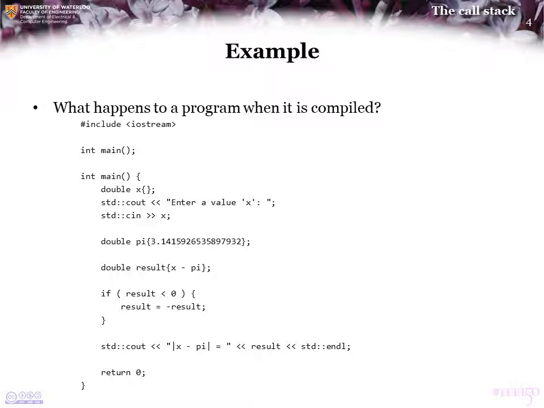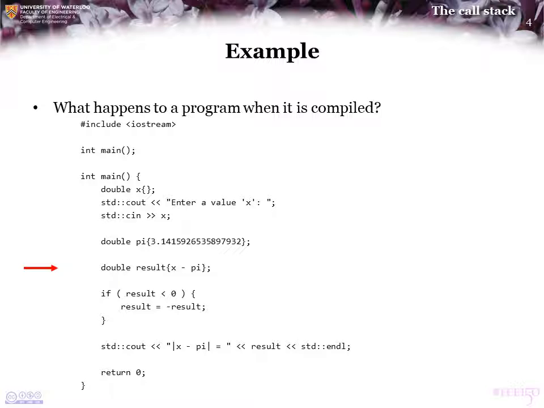So the question is, what happens when we have this program here and we compile it? Here I declare a local variable x, which is initialized with a default value of 0, and I query the user for that value. I then assign a local variable pi an appropriate value.